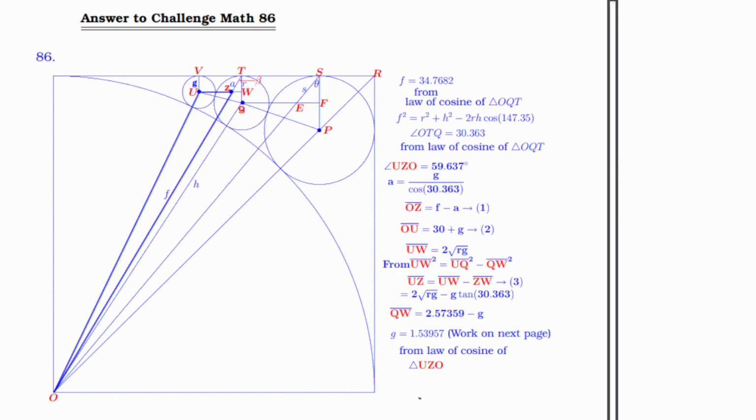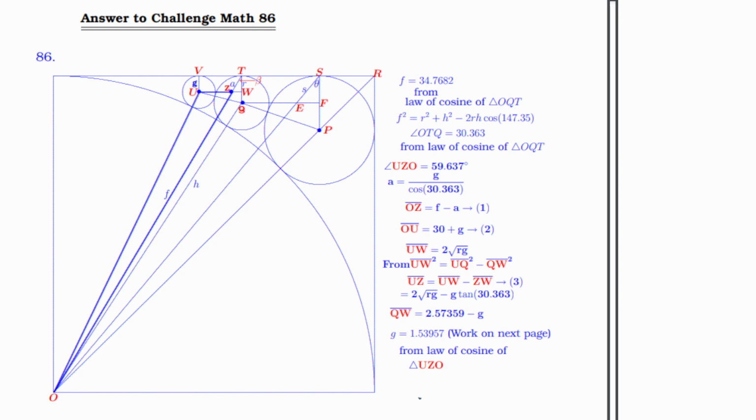In application of the law of cosine for triangle OUZ, we will use OZ as the total length F minus A, where F is 34.7682.